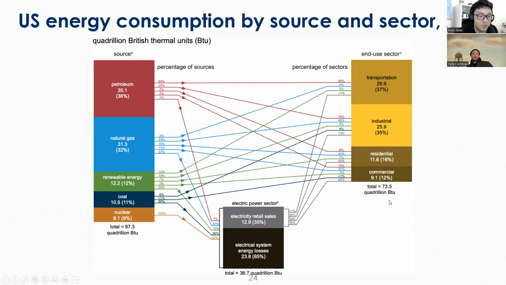We see the total energy consumption. This was in 2021. Across all of the US, 73.5 quadrillion BTU. And that gives you a description of the energy of each piece of your energy system.